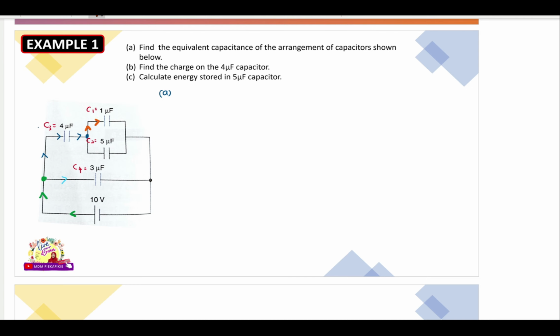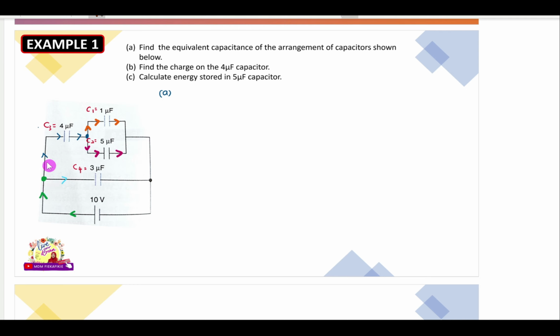Okay, kenapa saya letak colour yang berbeza? Okay, untuk tunjuk dekat awak lah that the flow of current that pass through C1 and C2 merupakan current yang berbeza. Okay, kita ada colour hijau dekat sini, daripada sini tadi. Okay, and then at this junction, it will split into 2 paths.